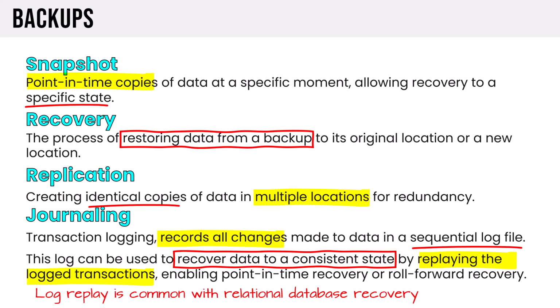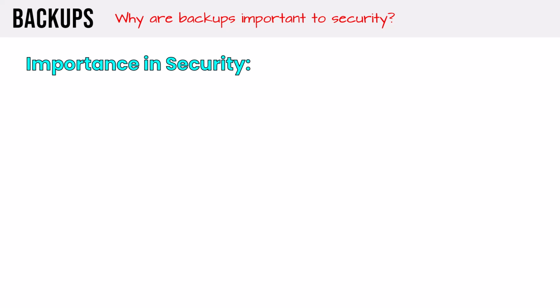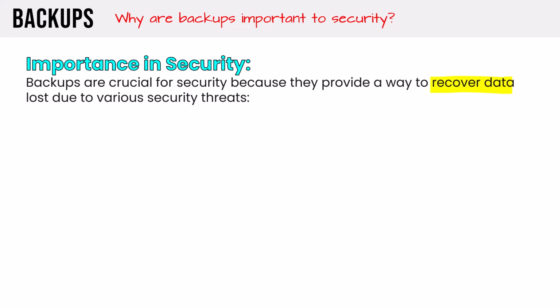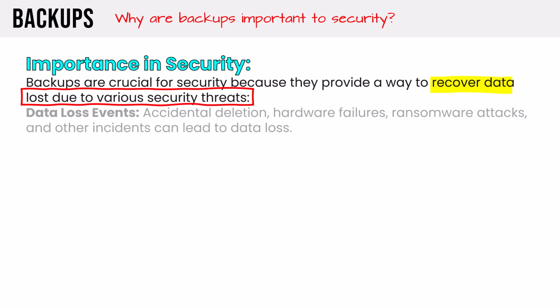So we've talked about the what when it comes to backups. Now let's talk about the why. Why are backups important to security? Well, naturally, backups are crucial because they provide a way to recover data lost due to various security threats. It may be accidental deletion, hardware failures, or very intentional, like ransomware attacks or other incidents.